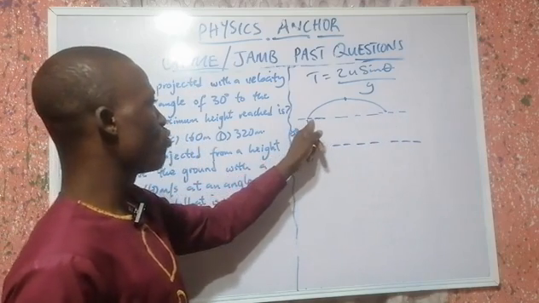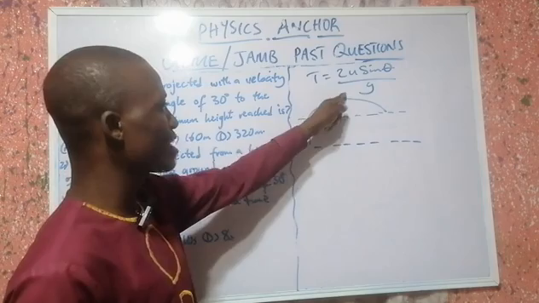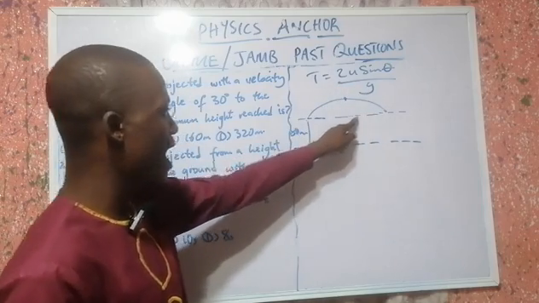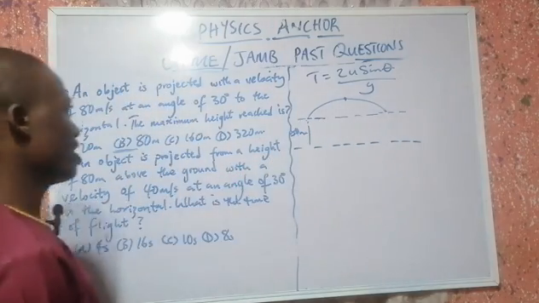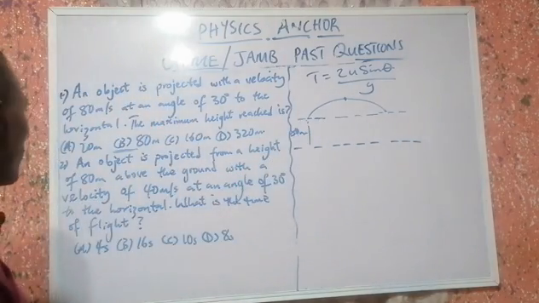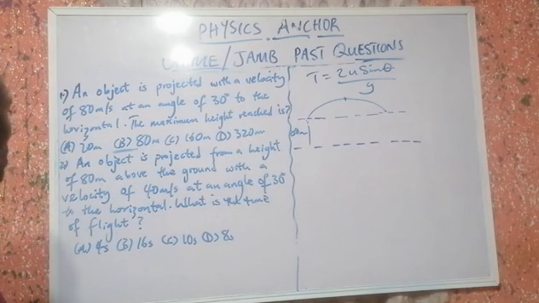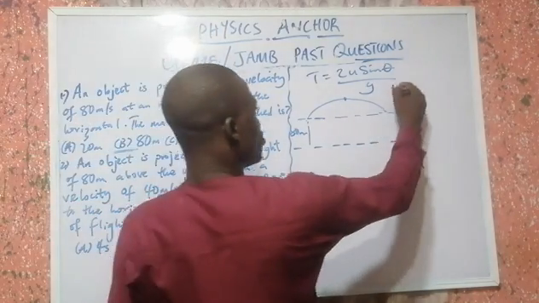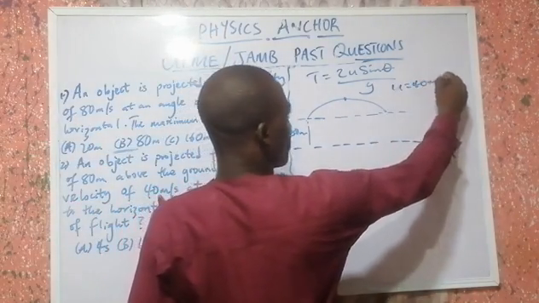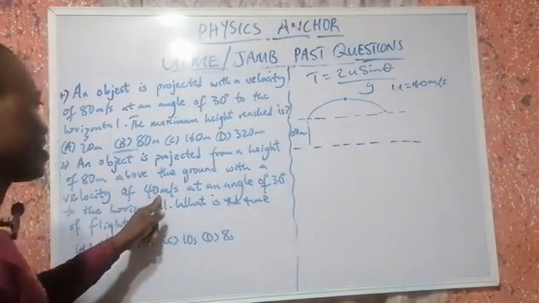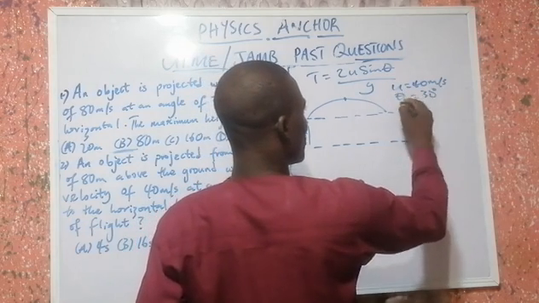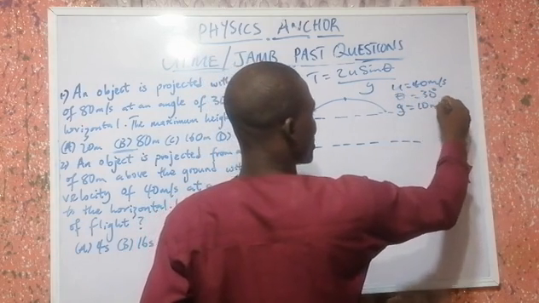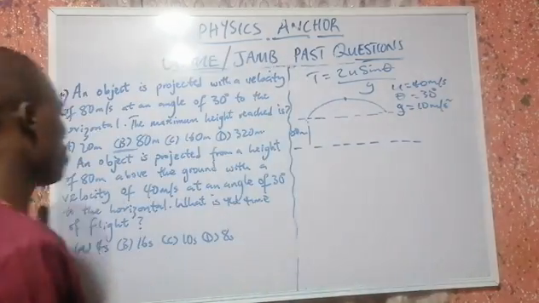In other words, we want to calculate the time it takes to reach the maximum height and return to the line where it was projected. They have given us all the information that we need. Our u is 40 meters per second, theta is 30 degrees, and g is constant, 10 meters per second squared.